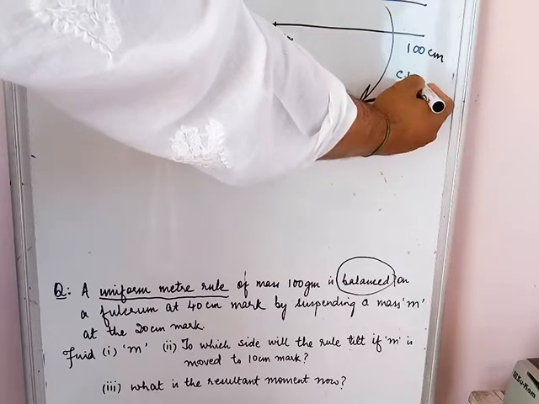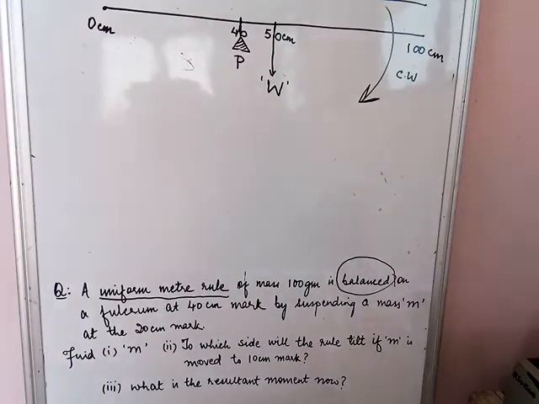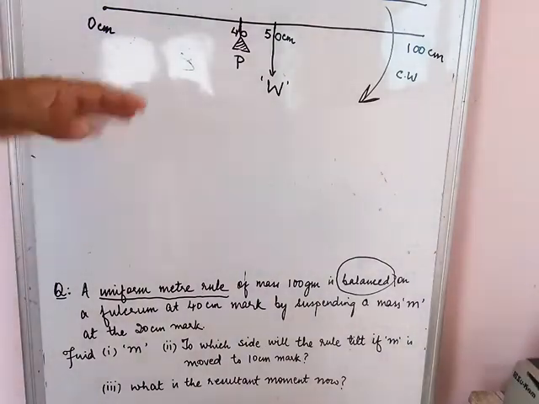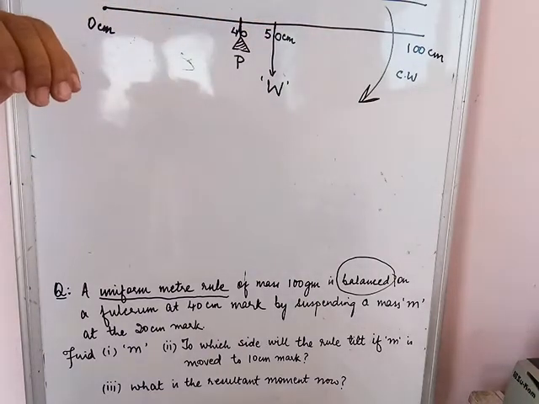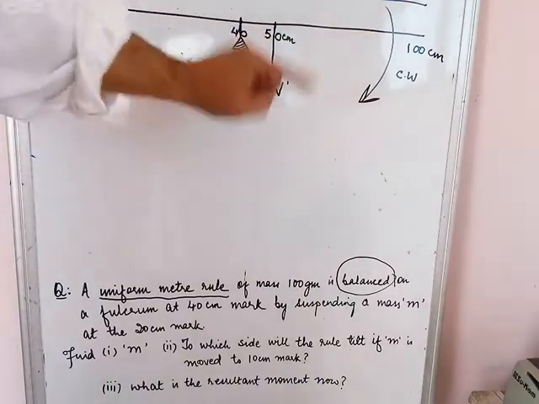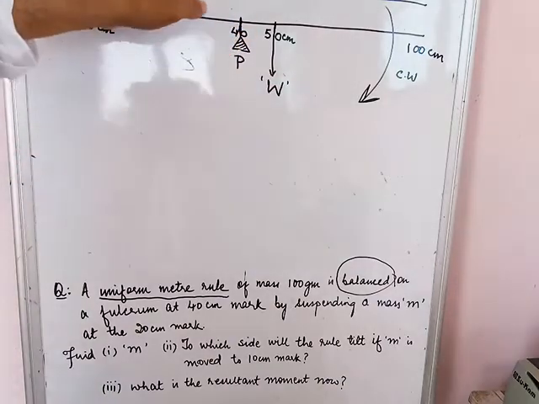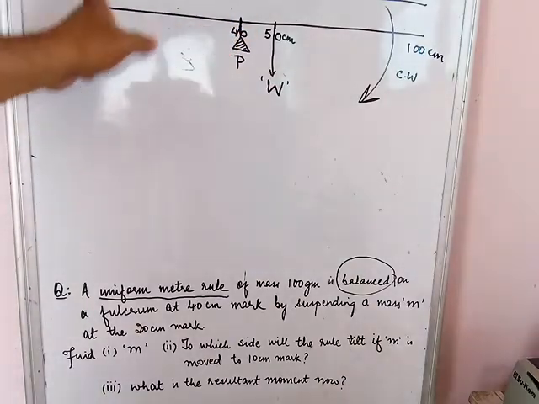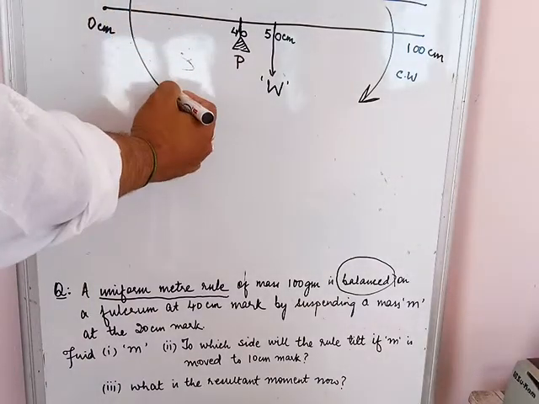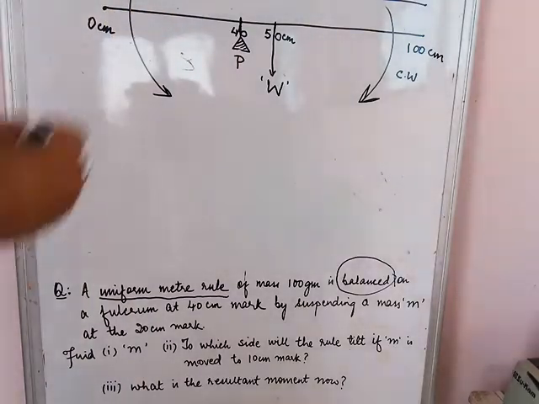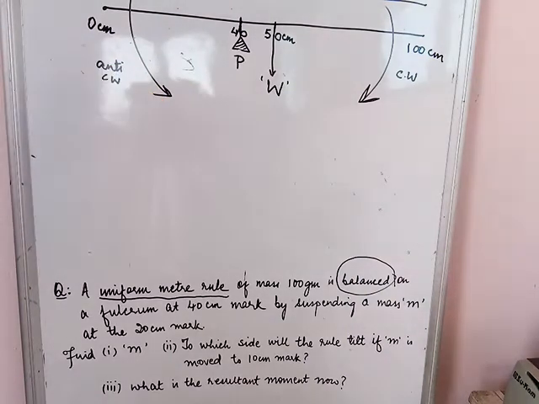So you have the clockwise direction over here. Now the logical thing is to think that if we are to balance this ruler, then this clockwise turning effect should be balanced by another moment in the opposite direction. The other moment should come in this direction and it should obviously be in the anti-clockwise direction.